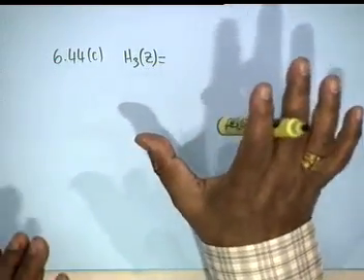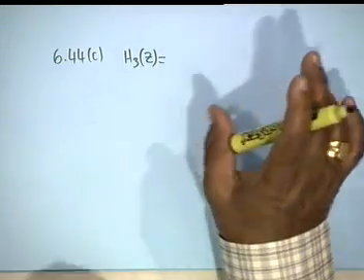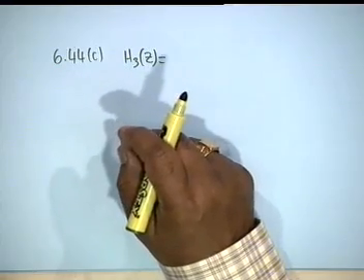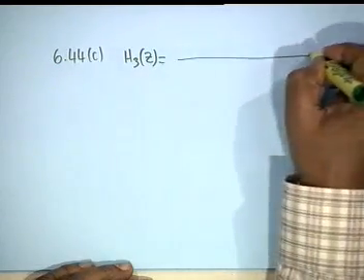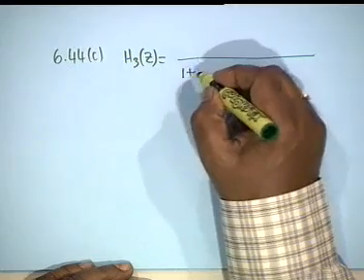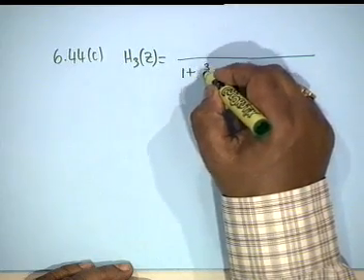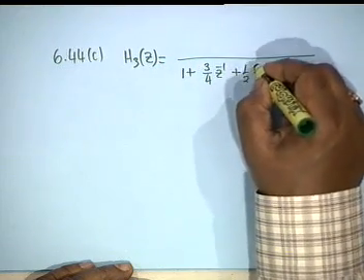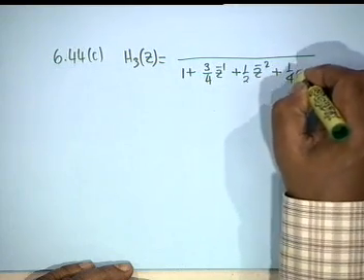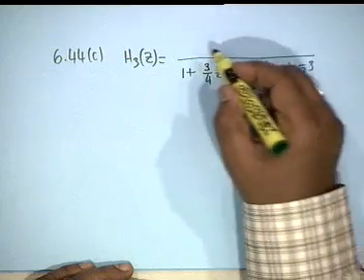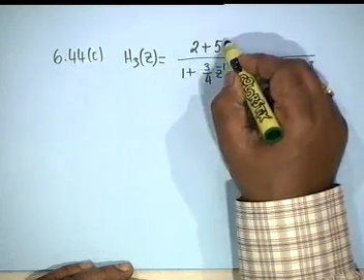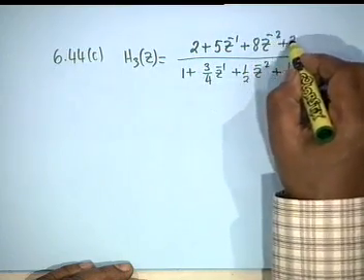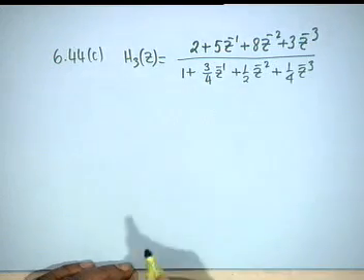The structure itself is known as Gray-Markel, not the all-pass one, but the tapped and summed all-pass one. It is given as 1 plus 3/4 Z inverse plus half Z to the minus 2 plus 1/4 Z to the minus 3, and the numerator is 2 plus 5 Z inverse plus 8 Z to the minus 2 plus 3 Z to the minus 3.